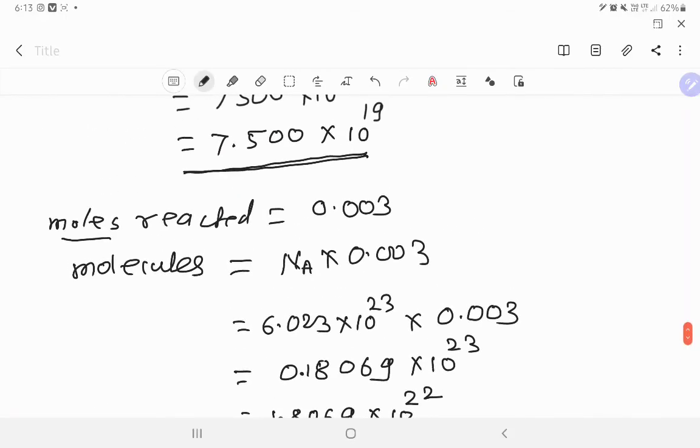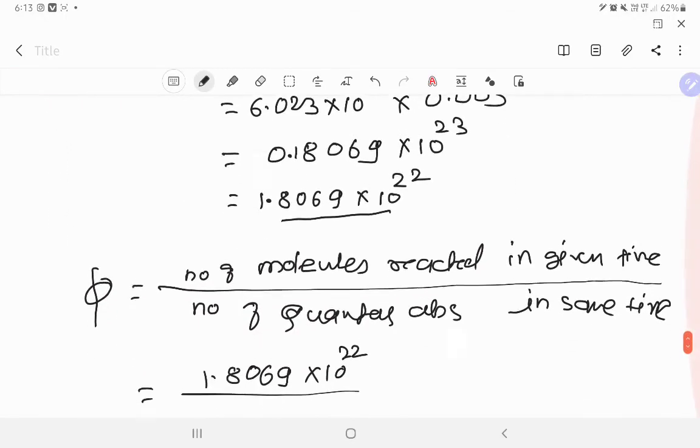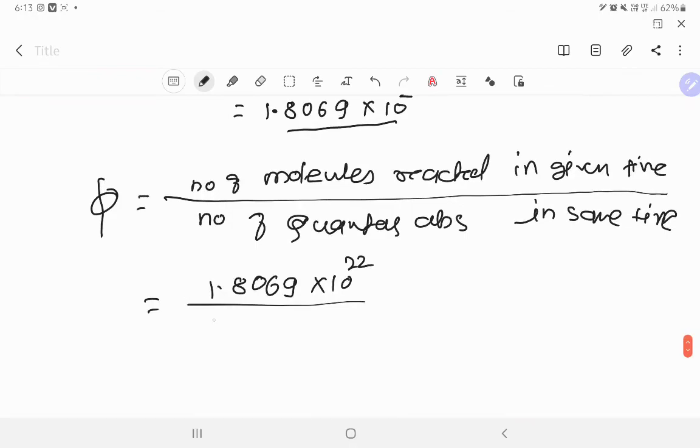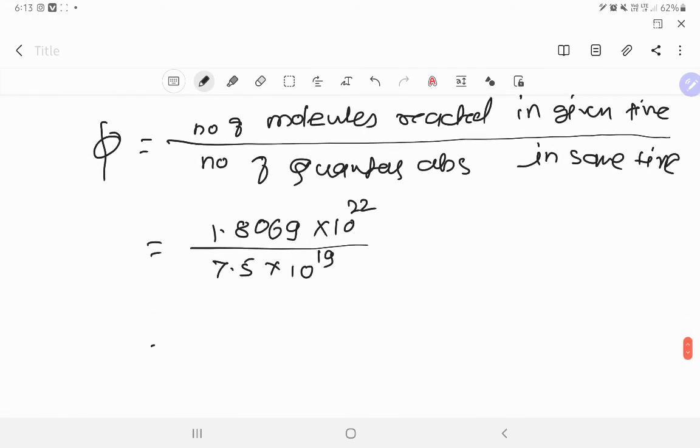Number of quanta absorbed is 7.5 into 10 raised to 19. The 19 will go upward, it will be minus 19, which means it will become 10 raised to 3.